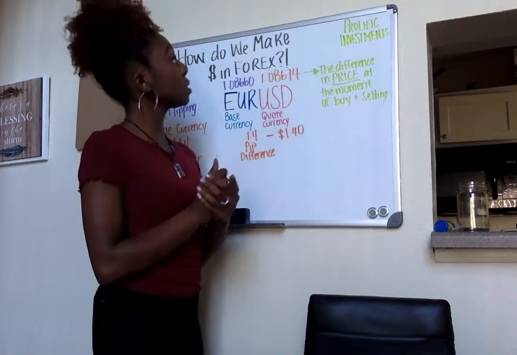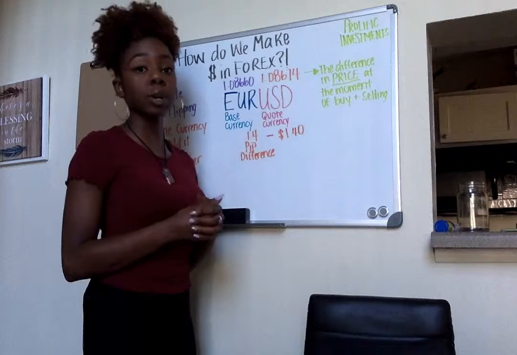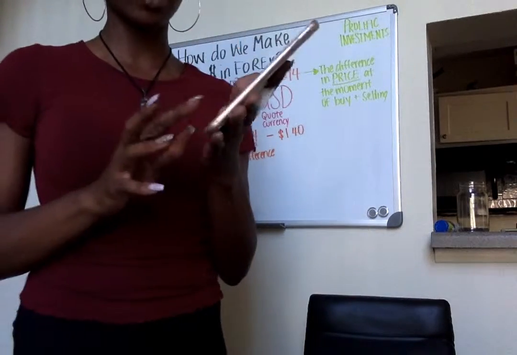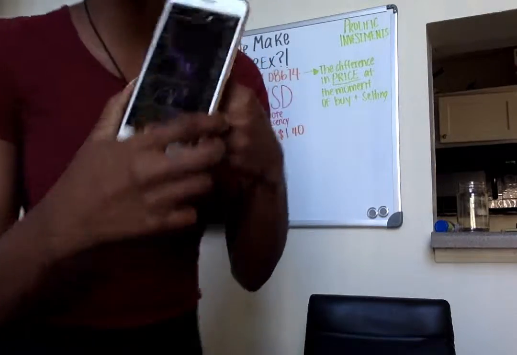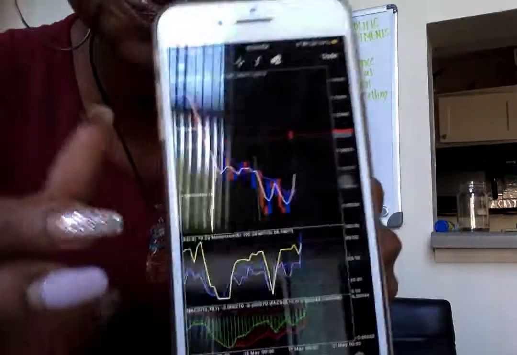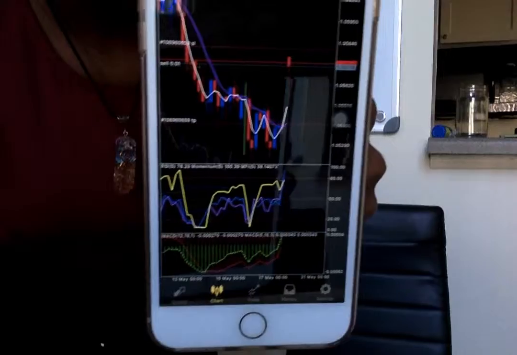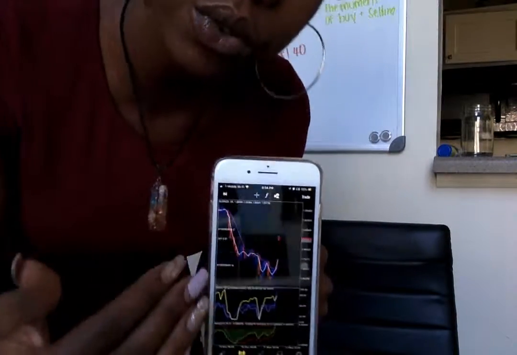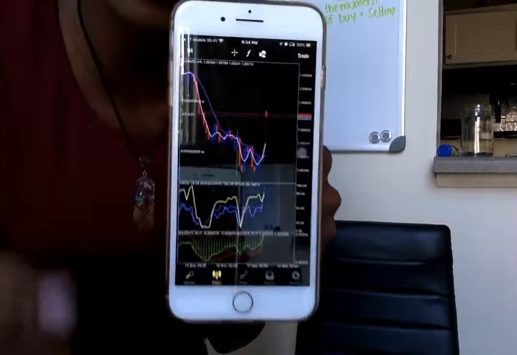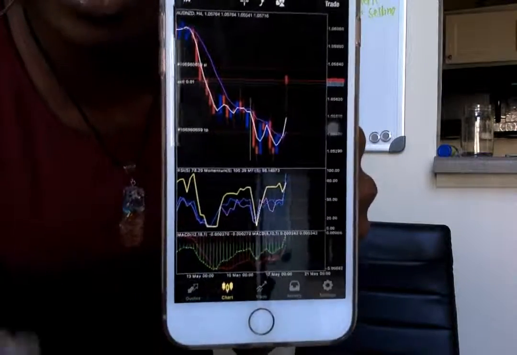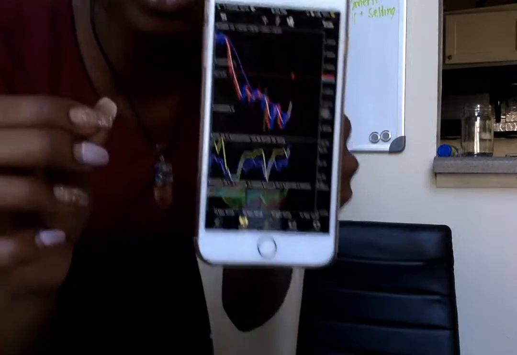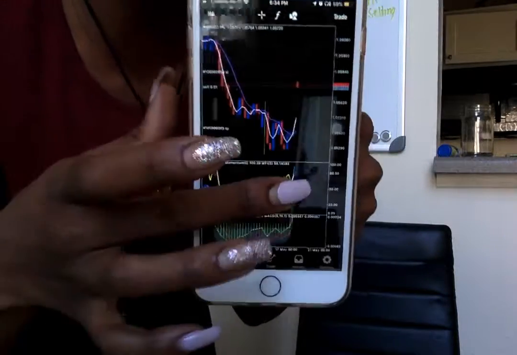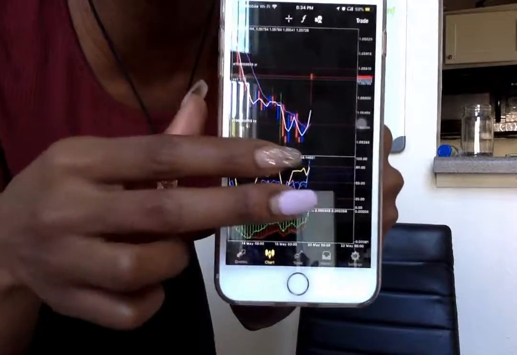That's basically how we make money in the Forex market. We use our MetaTrader in order for us to predict what our trades will look like. My chart looks a little different because I'm a little advanced when it comes to setting up my charts, and I have certain confirmations in there to assure that I don't take too high of a risk when it comes to my trades.